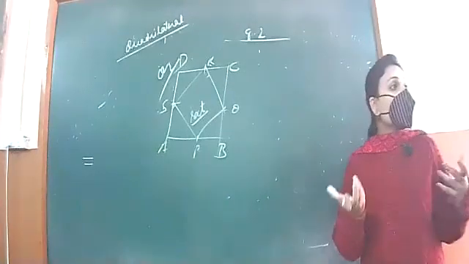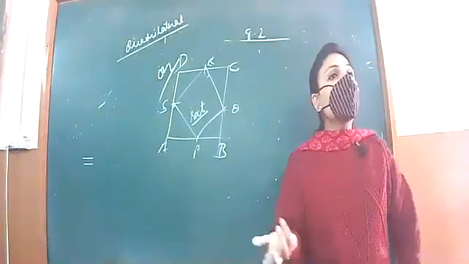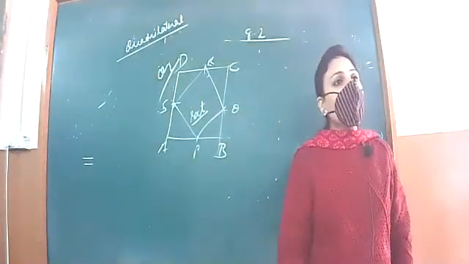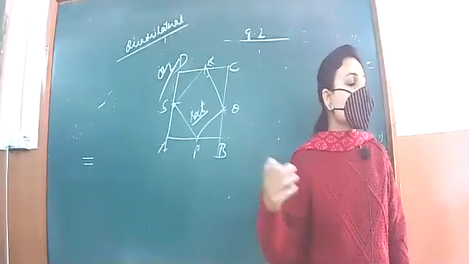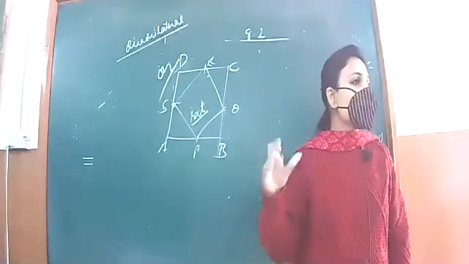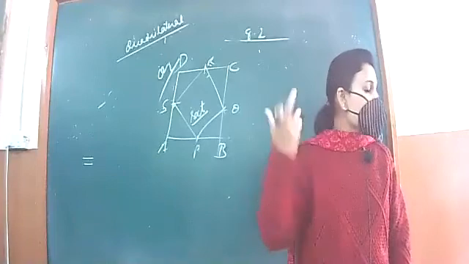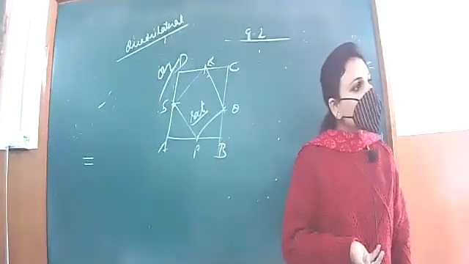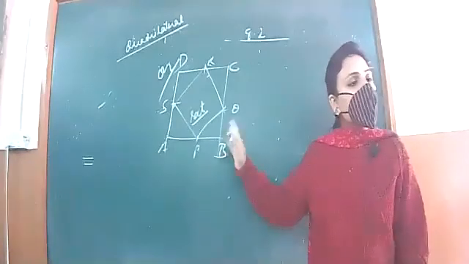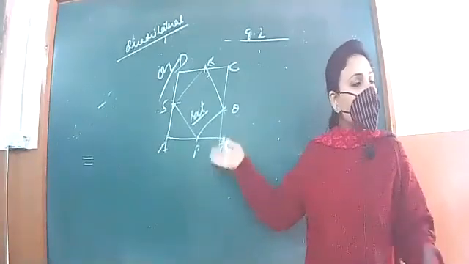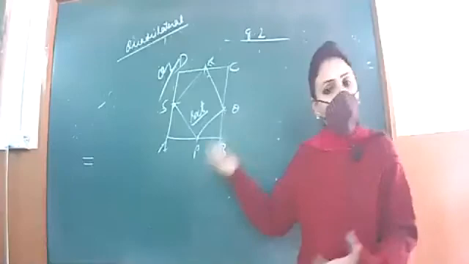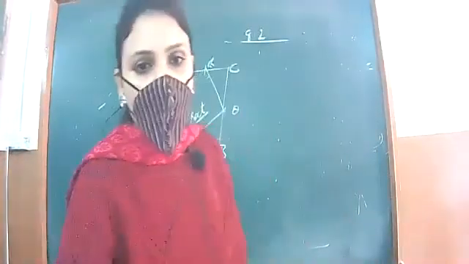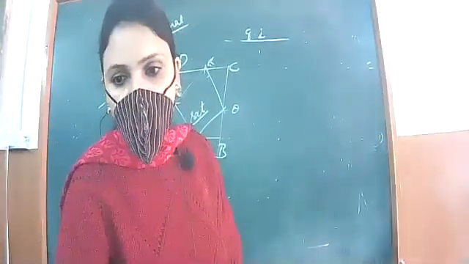Such questions can also come for 1 mark. If we join the midpoints of the sides of a quadrilateral, what kind of quadrilateral will we get? Rectangle. Rhombus, sorry, outside I should have said rhombus. We are getting a rectangle. Okay, here is the end of the lecture.